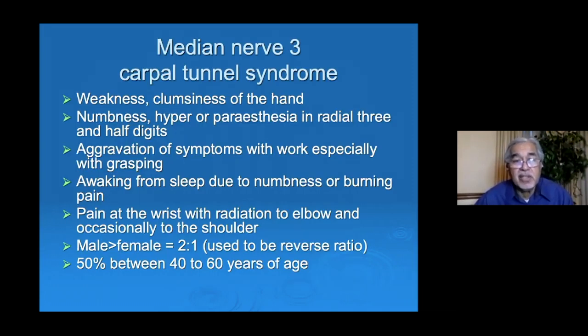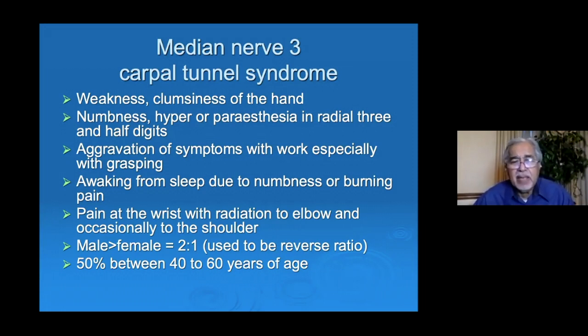So in carpal tunnel syndrome, the patient essentially comes up with weakness, clumsiness of the hand, numbness, and paresthesia of the radial 3.5 digits. Symptoms are aggravated with work, especially with grasping.